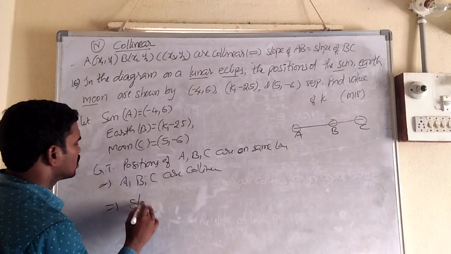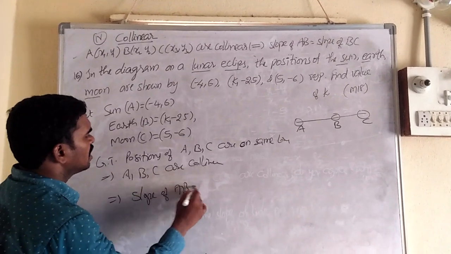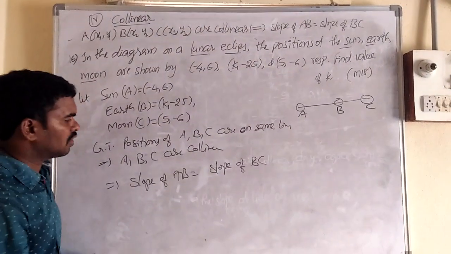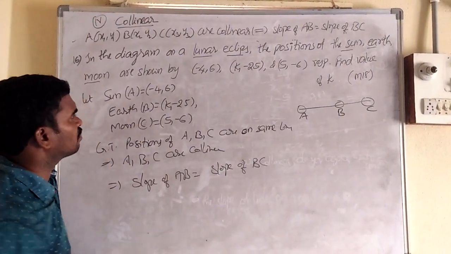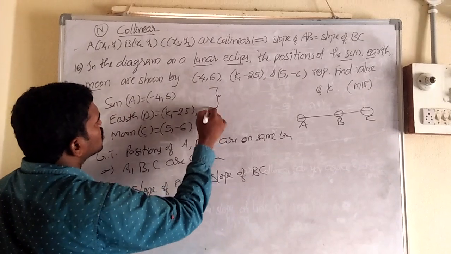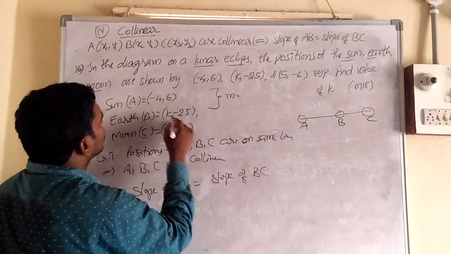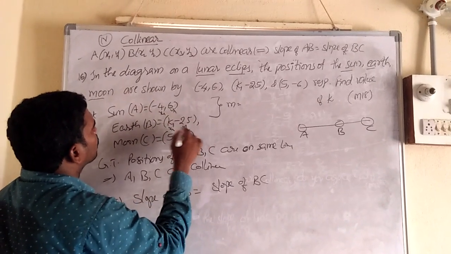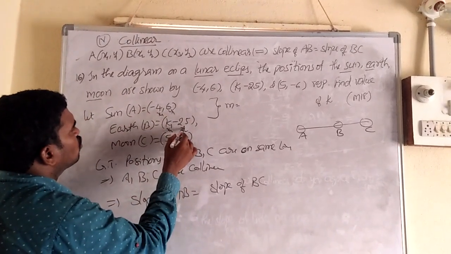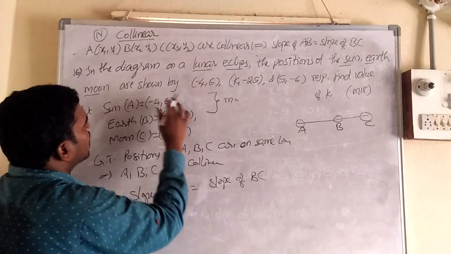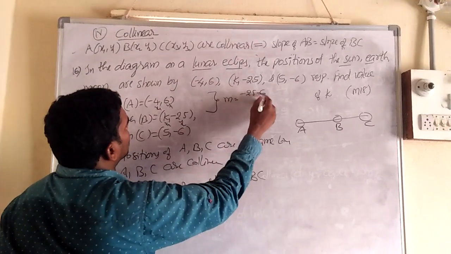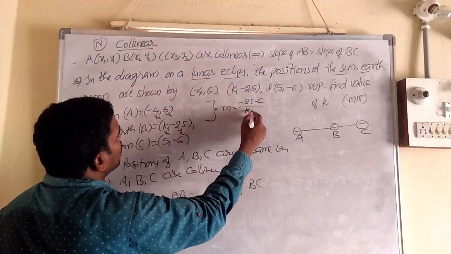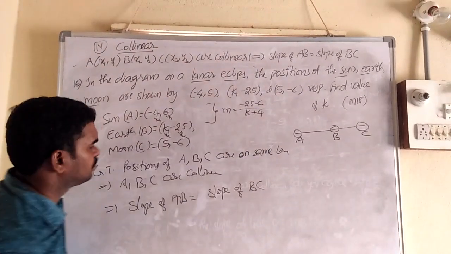Collinear means slope of AB equals slope of BC. You know the slope formula is (y2 - y1) by (x2 - x1). Taking x1, y1 and x2, y2, the slope is (-25 - 6) by (k - (-4)), that is k + 4.